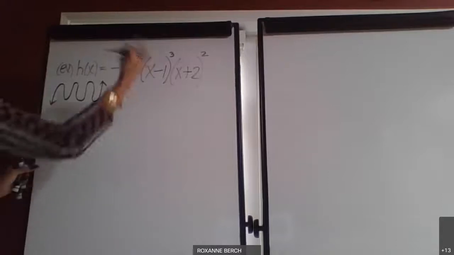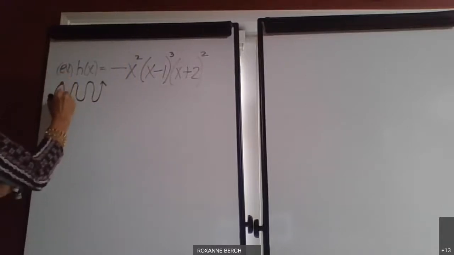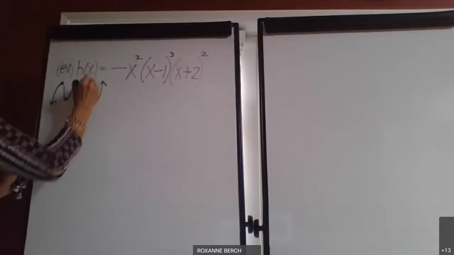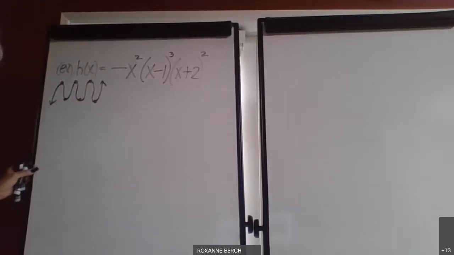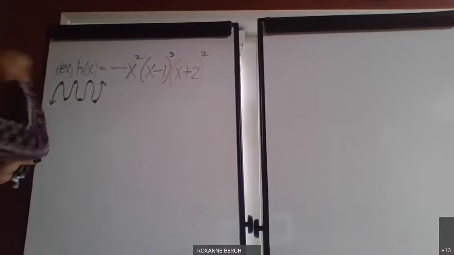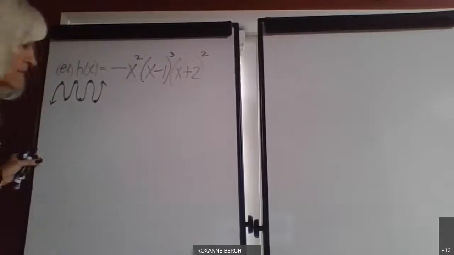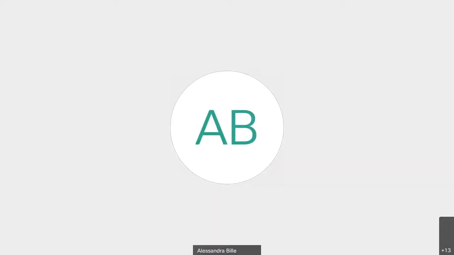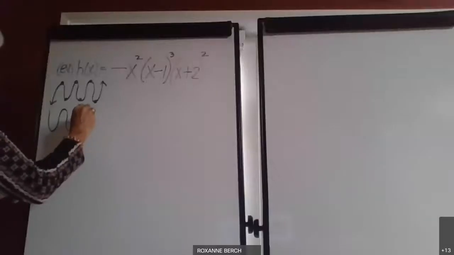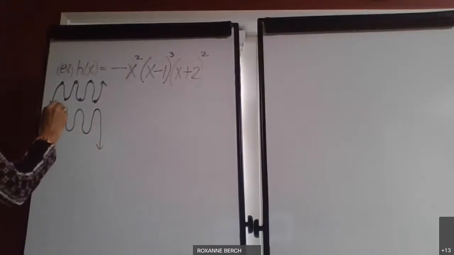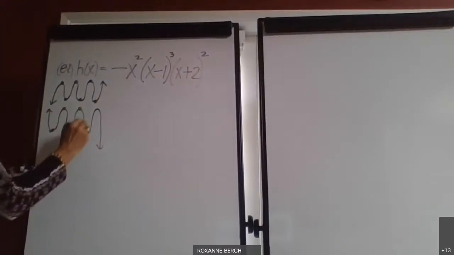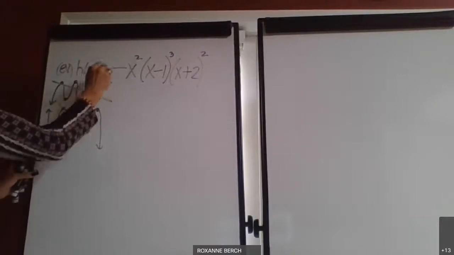There's at most 1 less turning point, which would be 6. And what's that negative mean? It reflects. Yep. So it does this. 1, 2, 3, 4, 6, right?